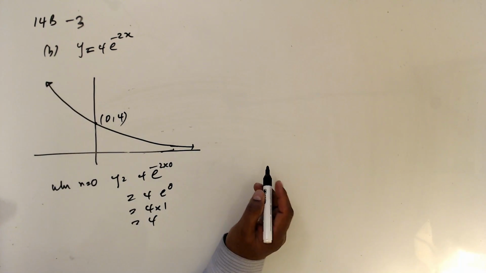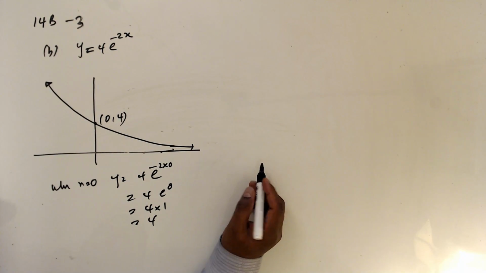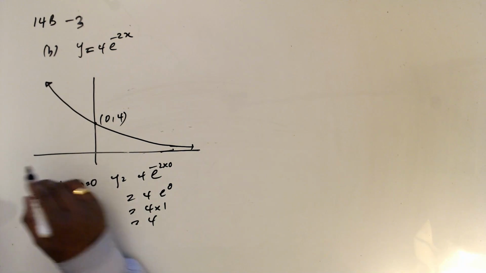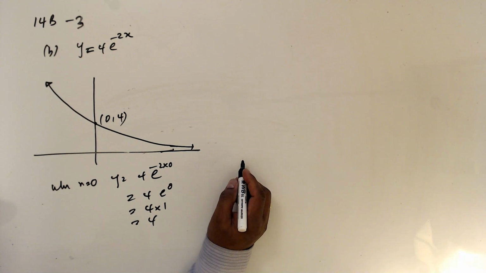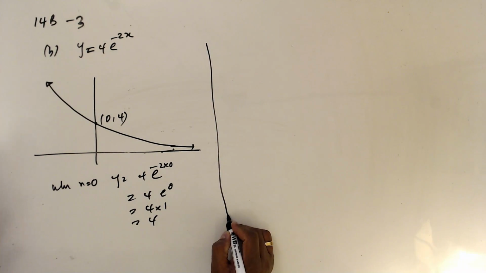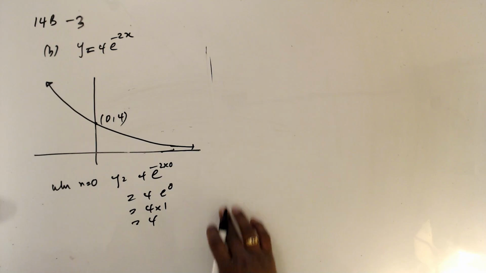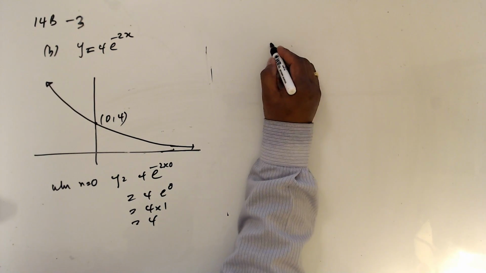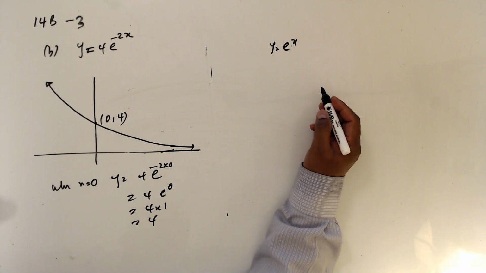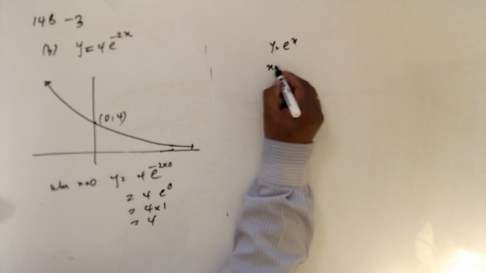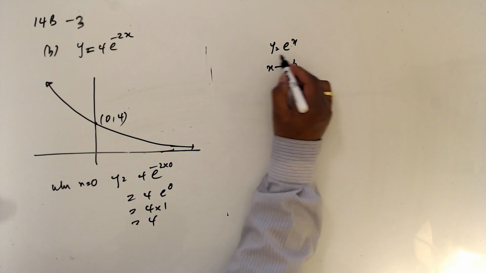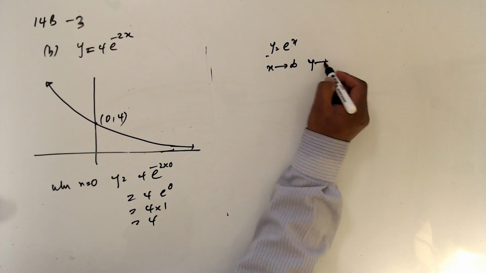And now we want to discuss what will happen when x goes to infinity and negative infinity, because we are approaching the next section. First of all, if you consider the y equals e^x graph, when x goes to infinity, what will happen to y? y also goes to infinity.